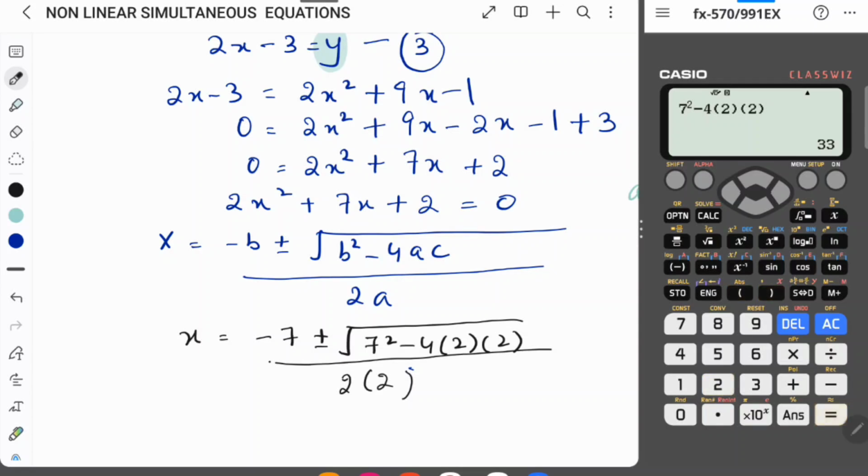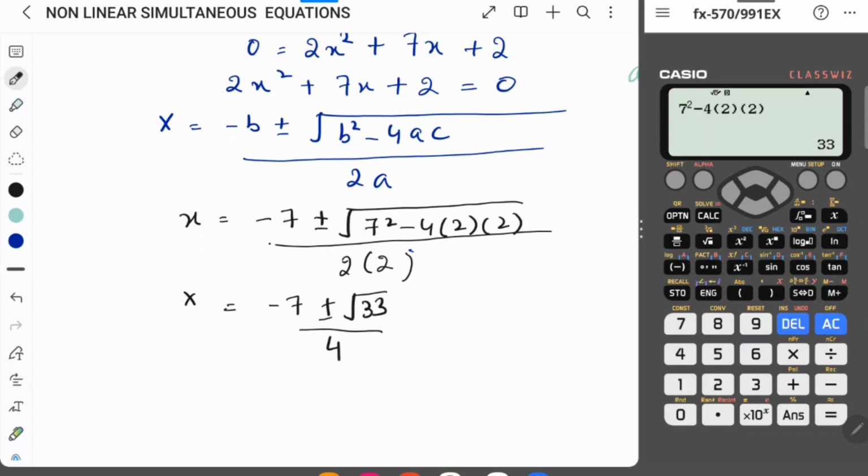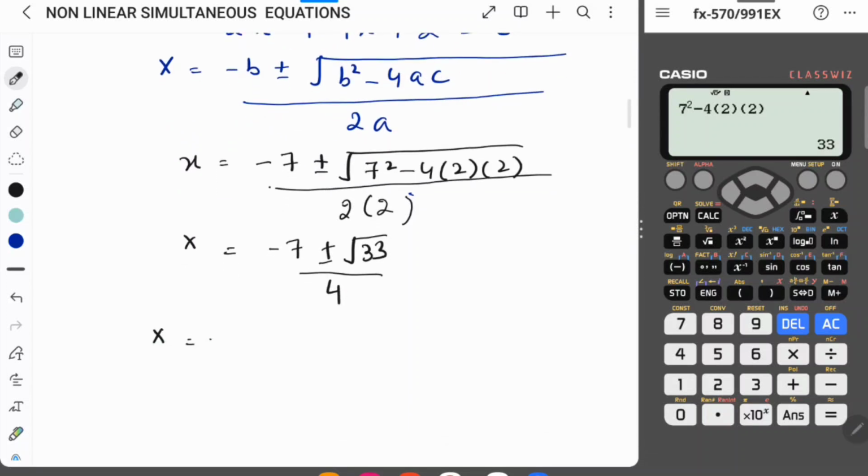So that will be equal to 33. So you have two sets of answers, minus 7 plus minus square root 33 upon 4. Okay. So one answer is x equals minus 7 plus square root 33 upon 4, or x equals minus 7 minus square root 33 upon 4.